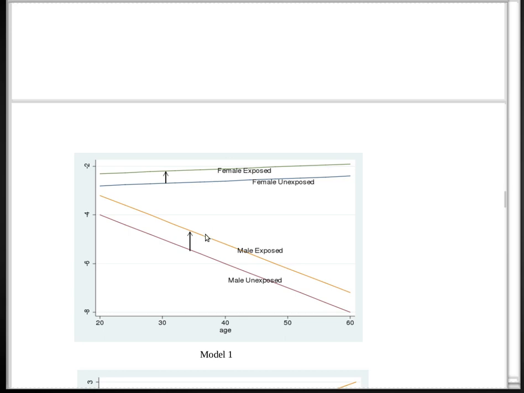Okay. Now let's look at the men. The two lines are parallel. What does that mean? That means that the vertical distance is the same. The distance between orange and red is the same at every age. What's that saying? That's saying that for the men, age does not modify, in that the log of the odds ratio does not depend on age for the men.